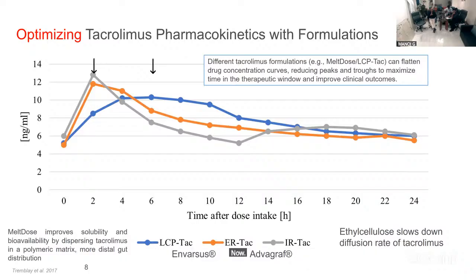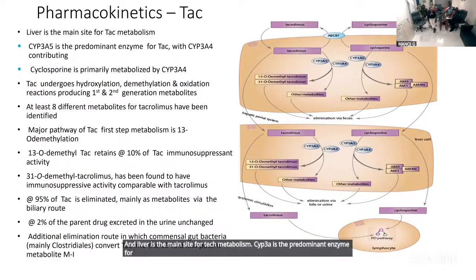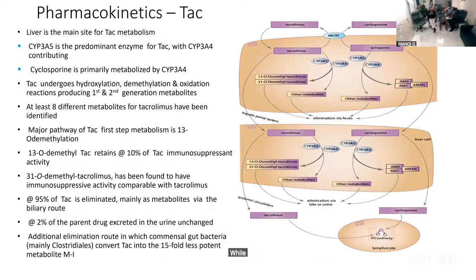Now, I'll discuss the liver metabolism. The liver is the main site for TAC metabolism. CYP3A5 is the predominant enzyme for tacrolimus, while CYP3A4 also contributes to metabolism of tacrolimus.